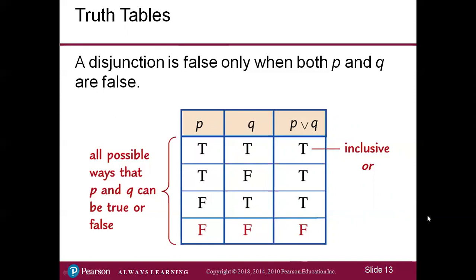The book is pointing out in line 1 the inclusive or. The inclusive or is unusual to the way we think about the word or, but we do use it in our language.